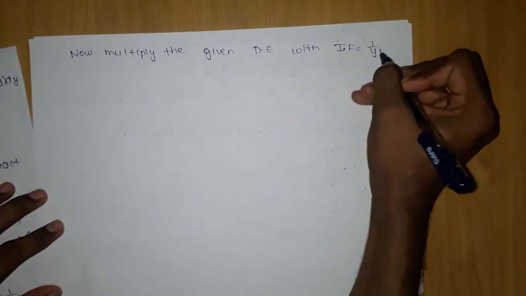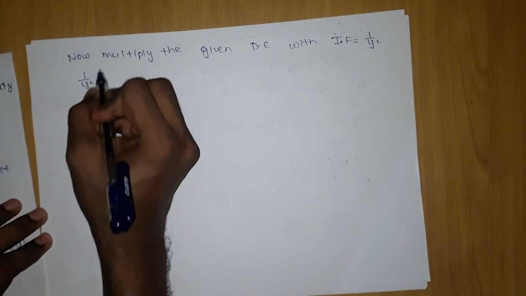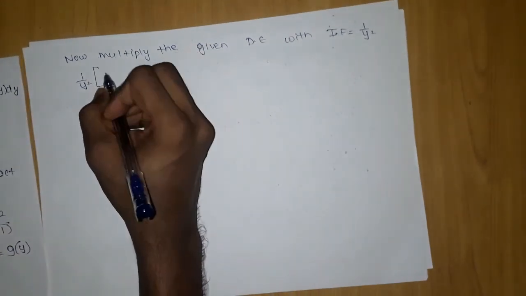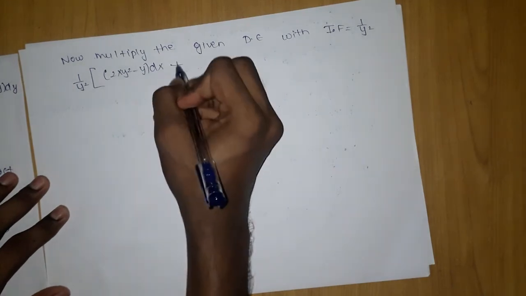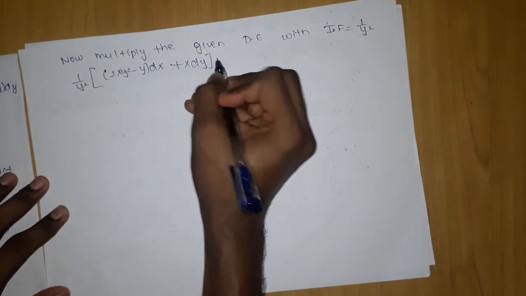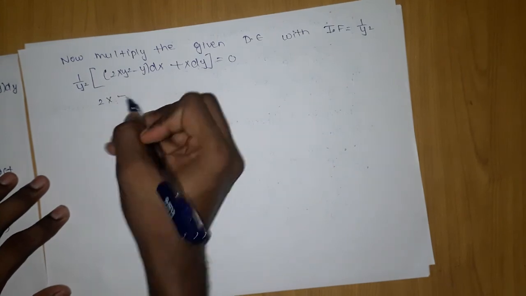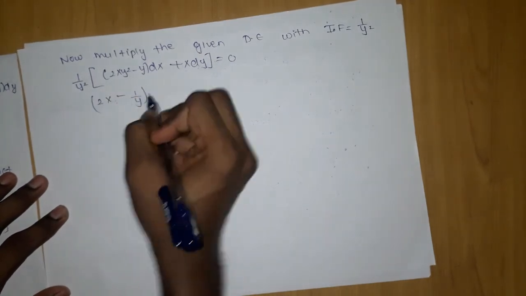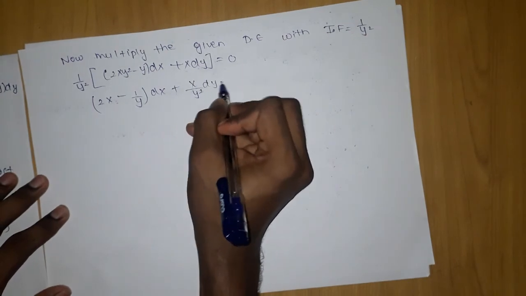Integrating factor is nothing but 1/y². If you multiply it by 1/y², you are going to get (2xy² − y)/y² dx plus x/y² dy equal to 0. The moment you multiply, this becomes (2x − 1/y) dx. The next thing is (x/y²) dy equal to 0.